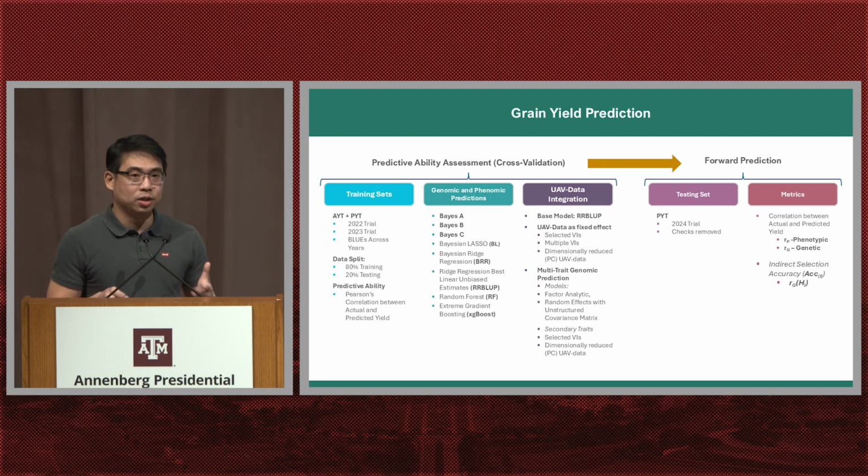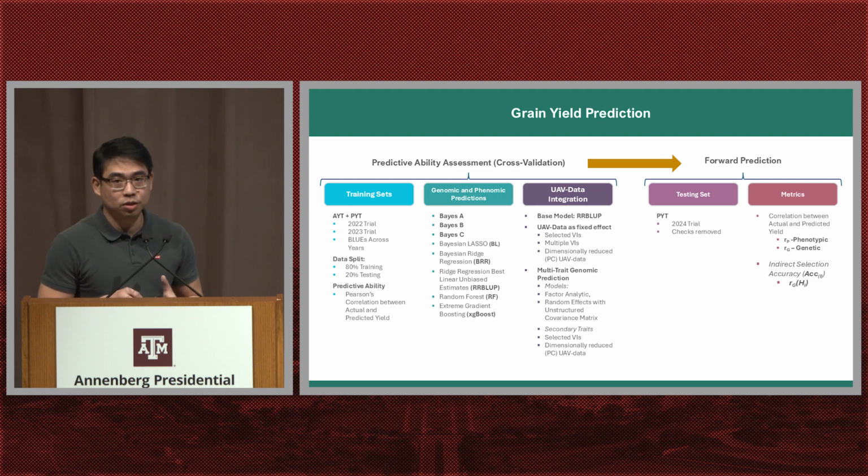Since these VIs are essentially phenotypes as well, we used them as secondary traits to do multi-trait genomic prediction using a factor analytic model and a random effects model with an unstructured covariance matrix. And I also used the PCs as another set of secondary traits.